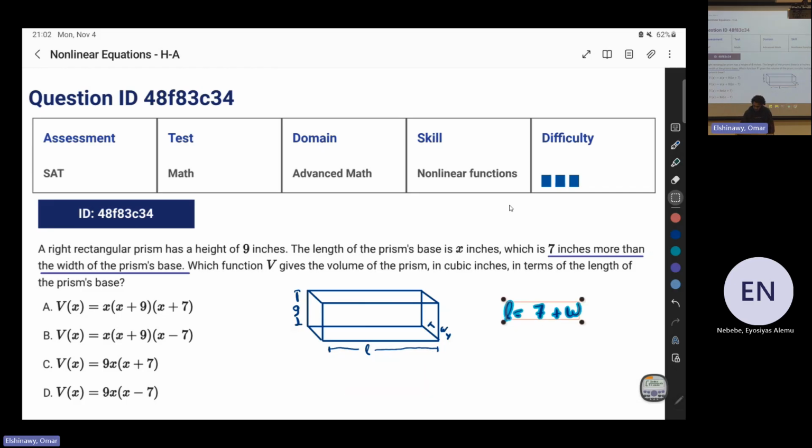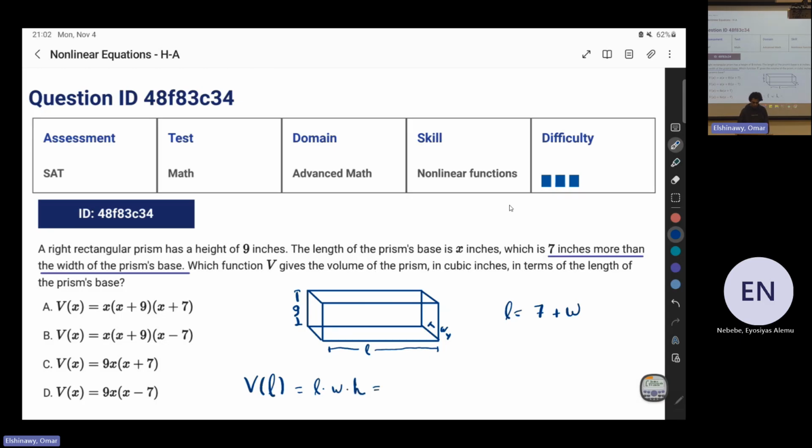So it's V of L, which means I input L, I get V. It's equal to something. Now, you want to find the volume, it's usually the length times the width times the height. I hope that is clear. We've seen it before. So length times width times height.